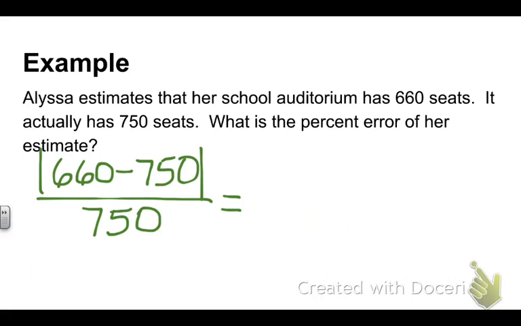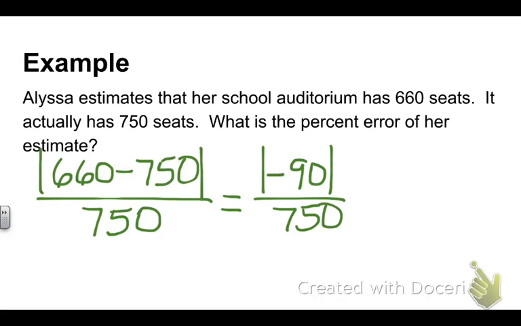So 660 minus 750 is going to give you negative 90. But again, the absolute value of negative 90, how far away from 0 is 90? It is 90.